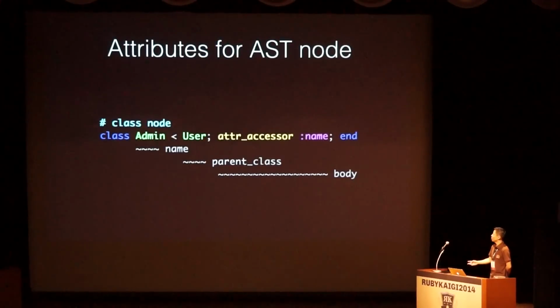For a class definition, like class Admin < User with attr_accessor :name, the class node has the attributes: name is Admin, the parent class is User, and the body is attr_accessor :name.